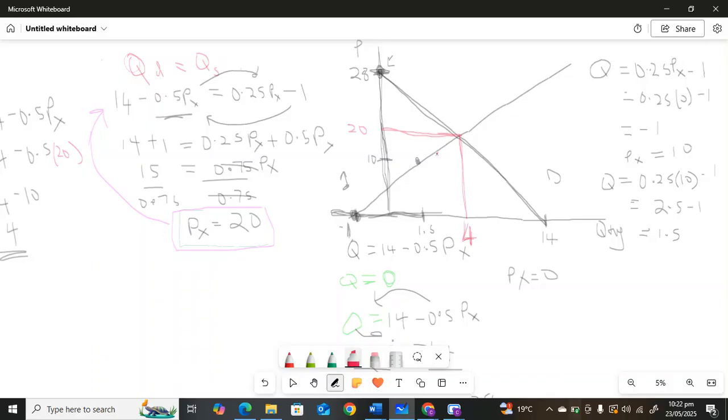We're plotting the graph, so we're just getting numbers. For the supply function, just get at least two or three points, then you can connect them with a straight diagonal line.